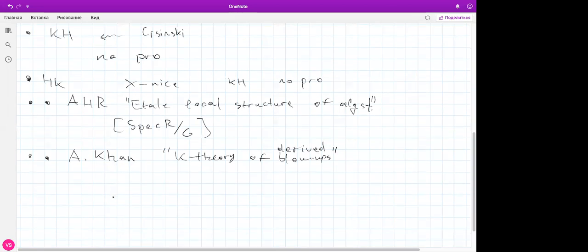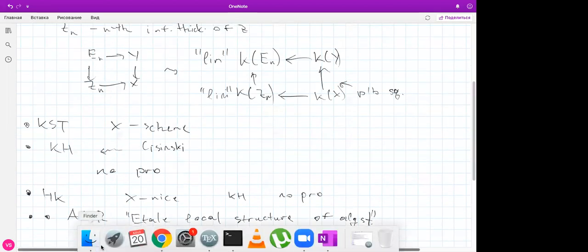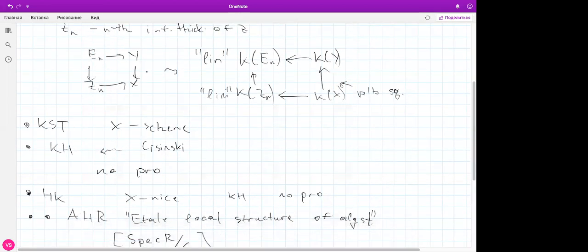Yeah, so the proof of KST basically can be separated into 3 steps. Step 1 is some geometric input called flatification by blowups.